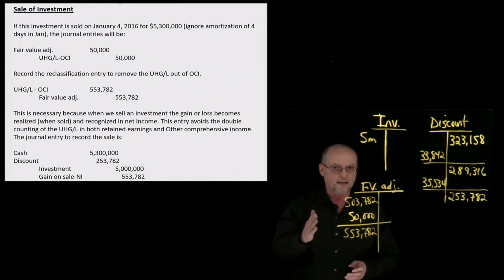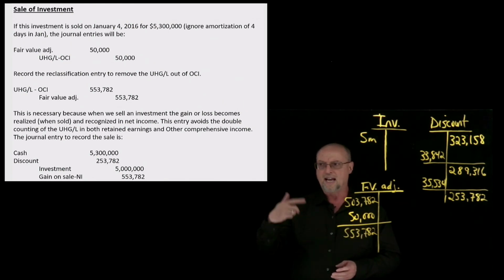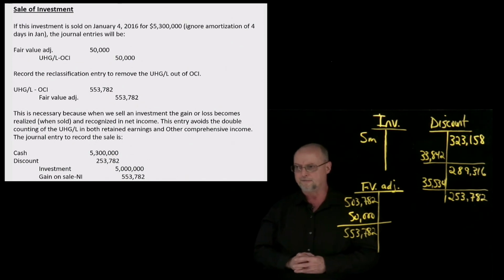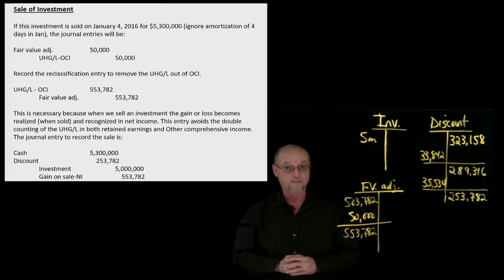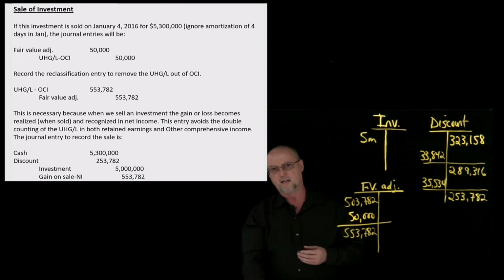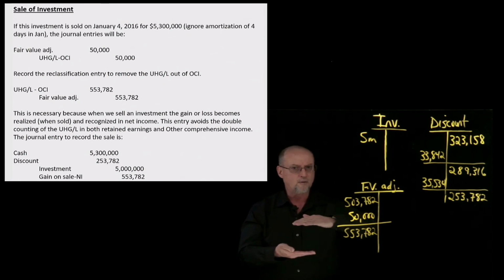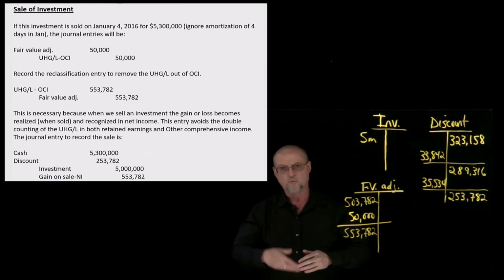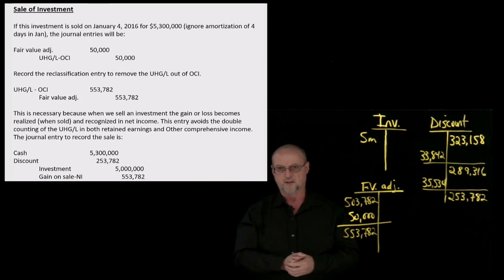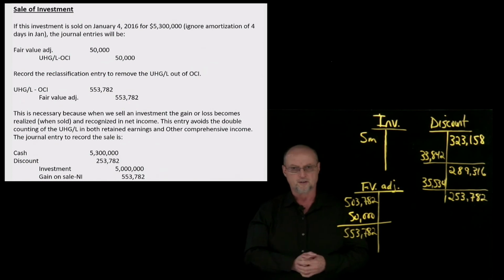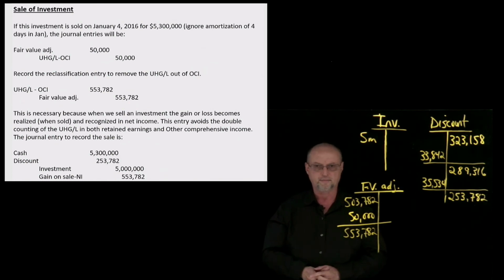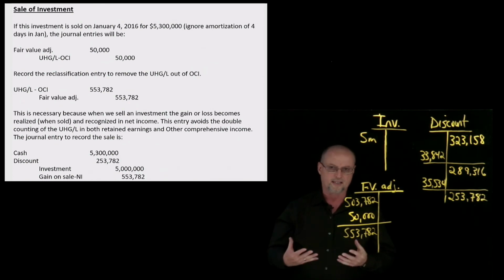Now that that's gone, we sell the investment and we recognize the gain of 553 on the income statement, and that will ultimately end up in retained earnings. So the gain's now sitting in retained earnings, and it's not being double counted as other comprehensive income, which is the reason we got rid of the other comprehensive income in the first place. So I threw a lot at you. Review that. Try to get comfortable with it.